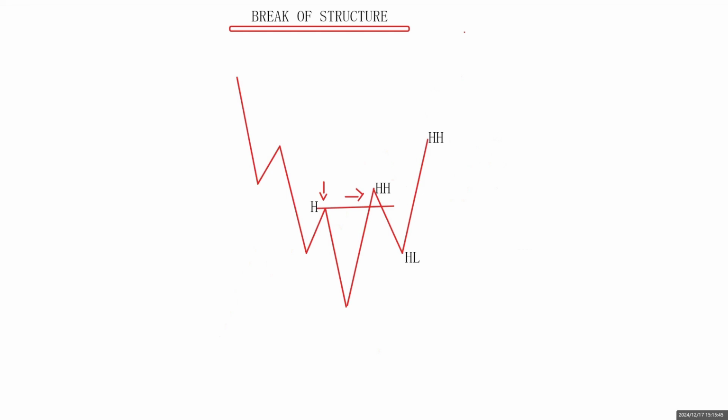So this is what we mean by a break of structure. A break of structure, like I said, is what confirms our entry. After a break of structure, we tap into our entry at the break of structure, or we allow price to come back to form a higher low, and tap into our entry to ride the remaining movement.